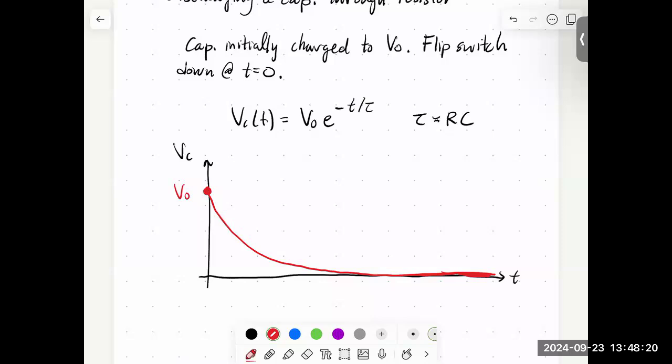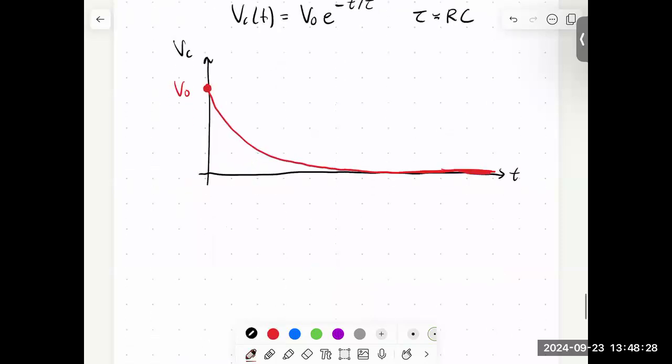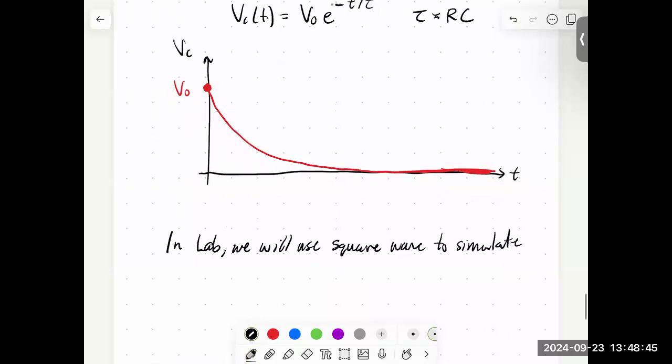When the square wave goes to 0, it's like we took the battery out, so the capacitor discharges and we see an exponential decay. This will be the last thing I write down. In the lab, we will use the square wave to simulate a switch.